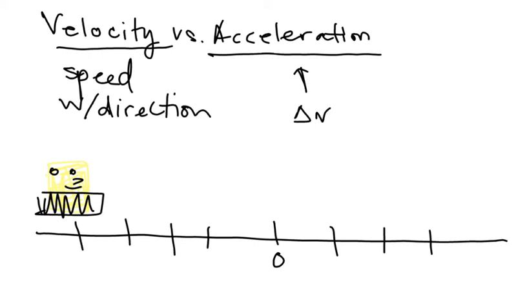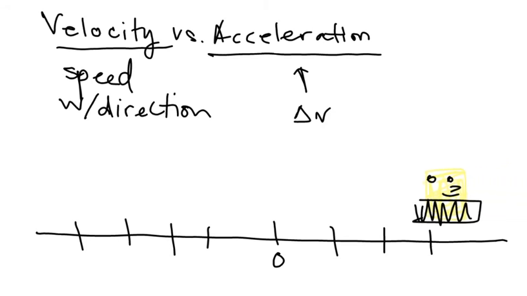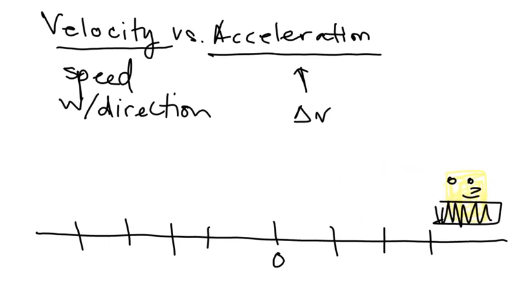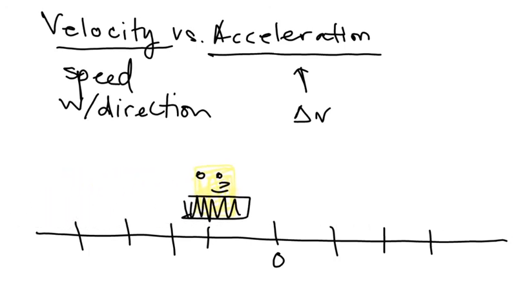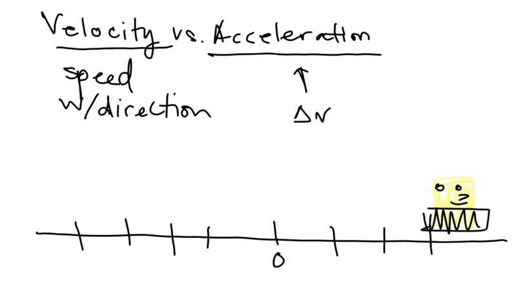Okay, so what that means is that as long as SpongeBob's speed is not changing, so during the first half he was going pretty constant, he had no acceleration, so here he has no acceleration, but when he slows down and stops and then changes direction, in this moment right here, so not the whole back way, but in the moment where he slows down, stops, and turns around, that's when he has acceleration. Okay, so acceleration really is a change in velocity, and that can be just a change in direction.